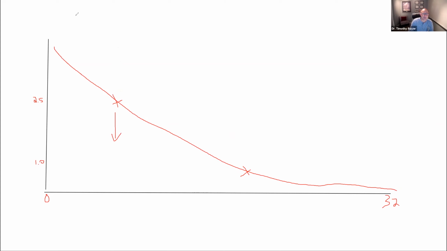Let's say I get something like this where it's high and then it drops down, and then it might tail off like that. So what is this one from a biomarker standpoint? This one has been identified by the FDA as a true biomarker for ADHD.